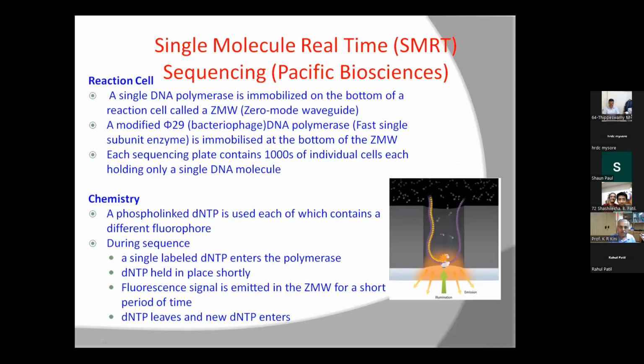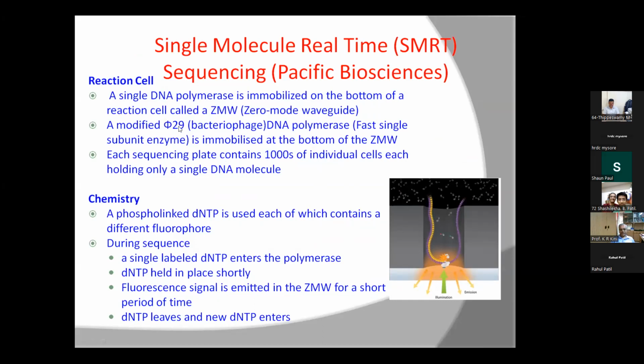So what are these technologies? The SMRT, single molecule real time, developed by Pacific Bio. So in the reaction cell, they contain a single DNA polymerase. This DNA polymerase enzyme is immobilized on the bottom of a reaction cell, which is called ZMW, zero mode waveguide. This is a small cell.